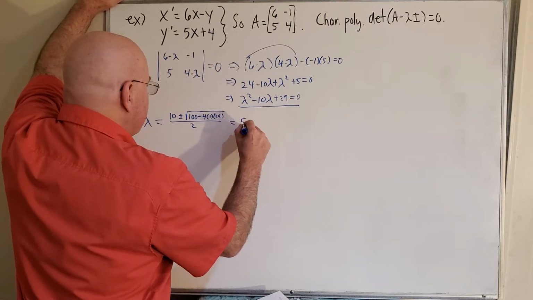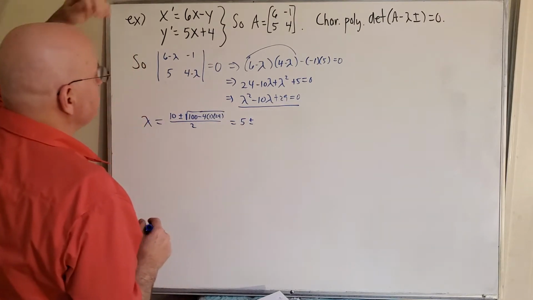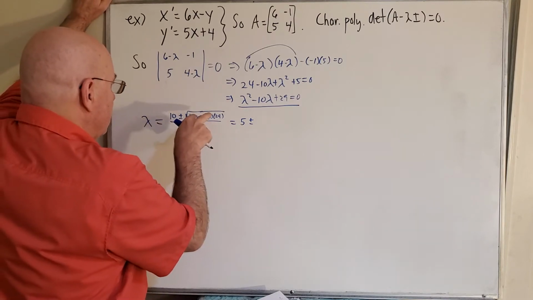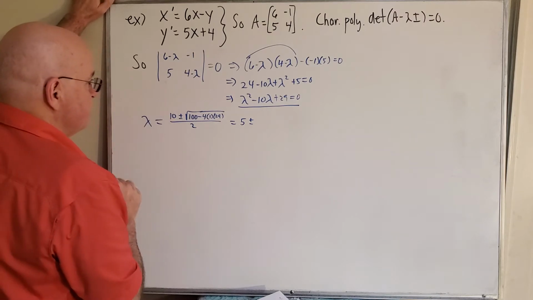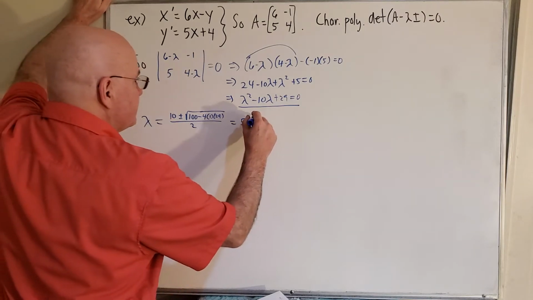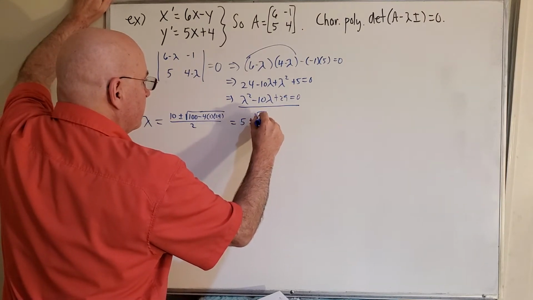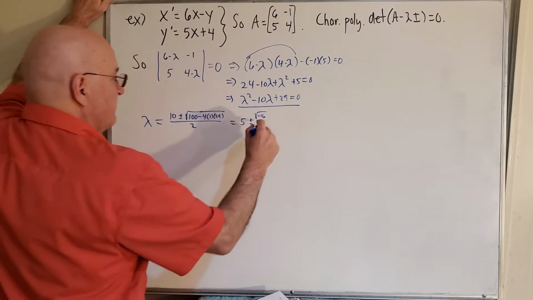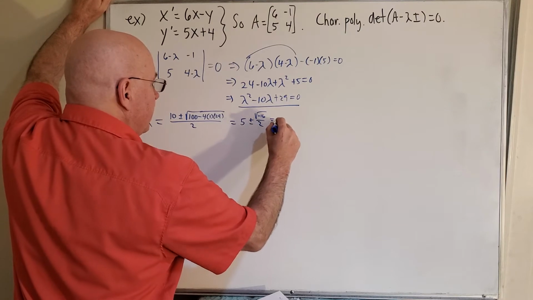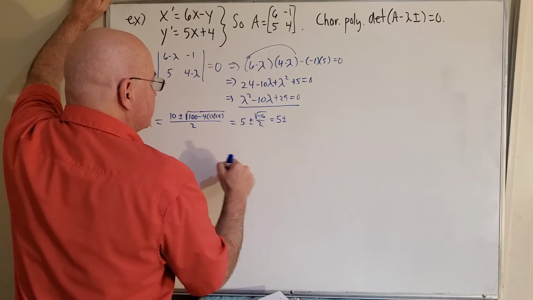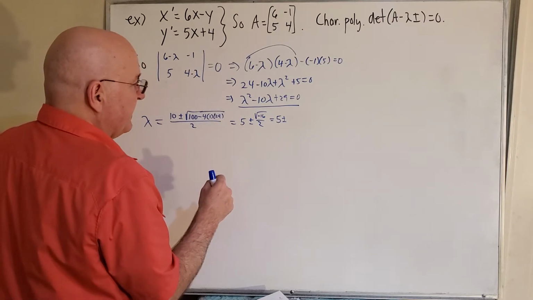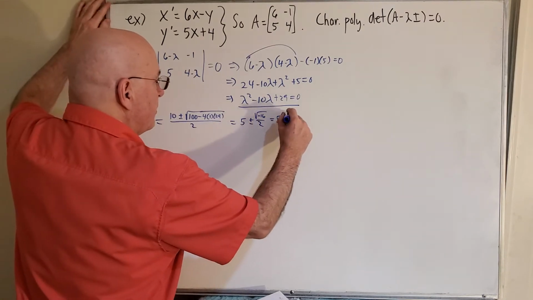10 over 2 is 5, plus or minus the square root of 100 minus 116. So this is equal to 5 plus or minus radical negative 16. You pull out the negative sign and put an i in front, and radical 16 is 4.